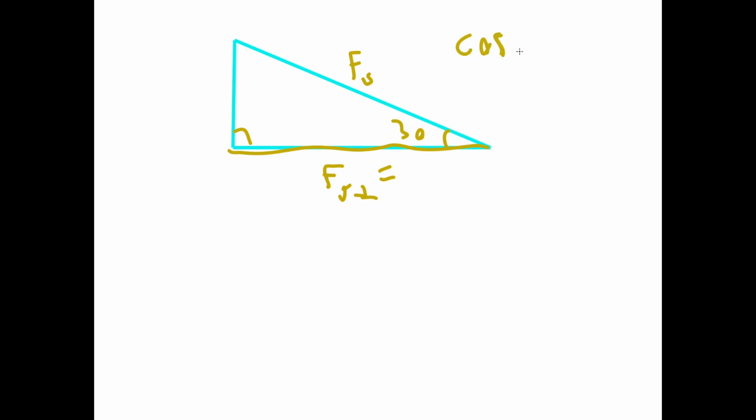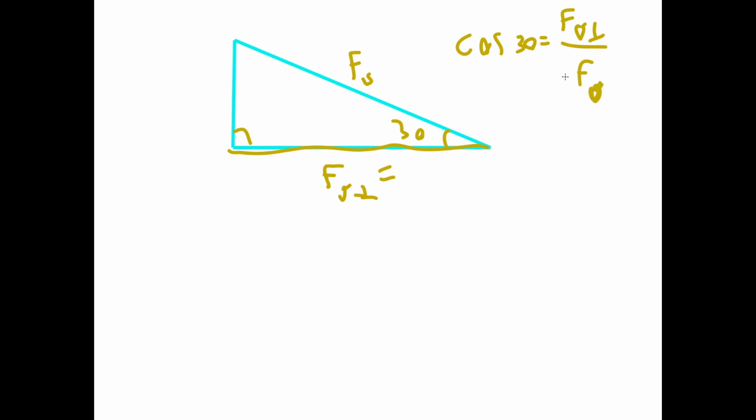Cosine of 30 is equal to the adjacent, which we want to figure out, the force of gravity that is perpendicular, divided by the force of gravity.